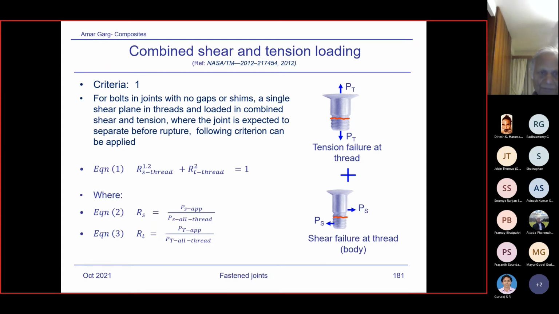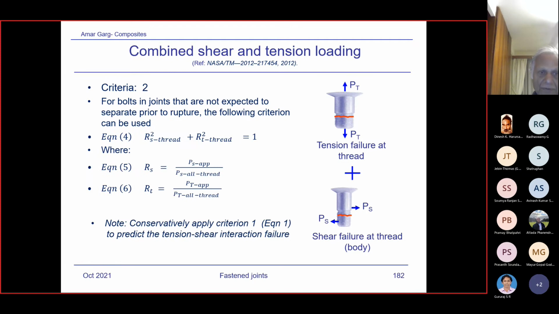These are fastener failures. Criteria 2, yeah, this is what I was saying. For bolts in joints that are not expected to separate prior to rupture, the following criteria can be used. That's a quadratic equation. Conservatively, I have said apply criteria 1.